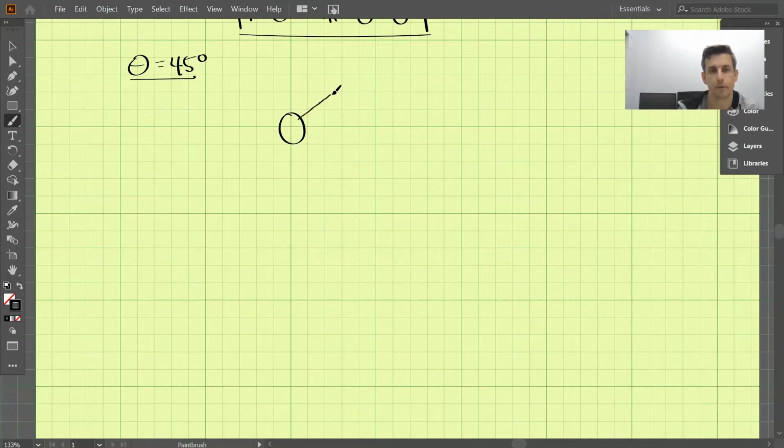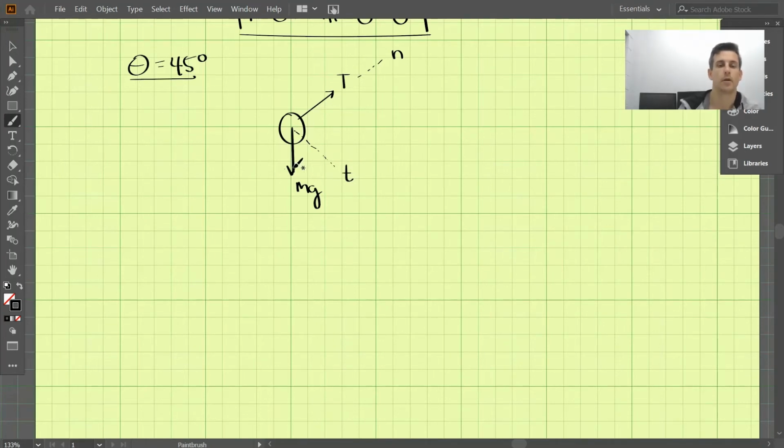I'm going to have a tension there, and then we have m times g downward here. This direction here is the normal direction, and this direction here will be the tangential direction.